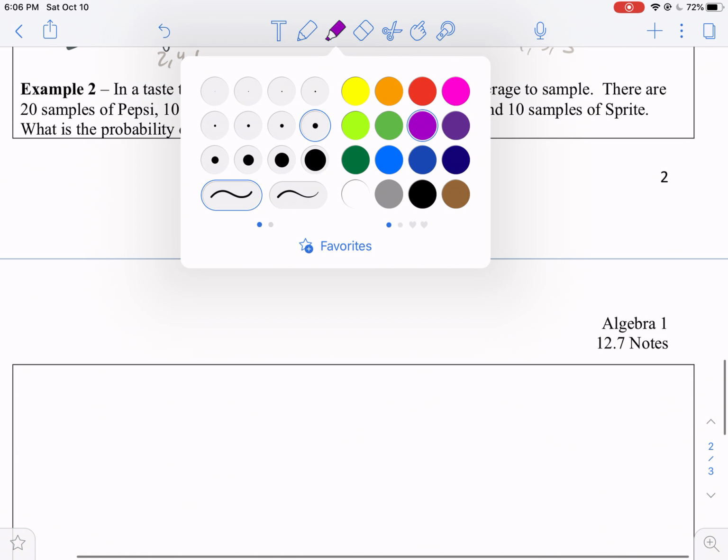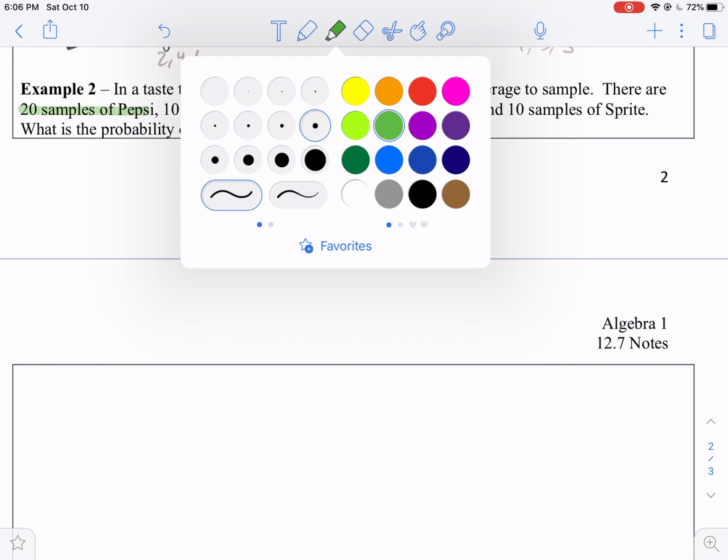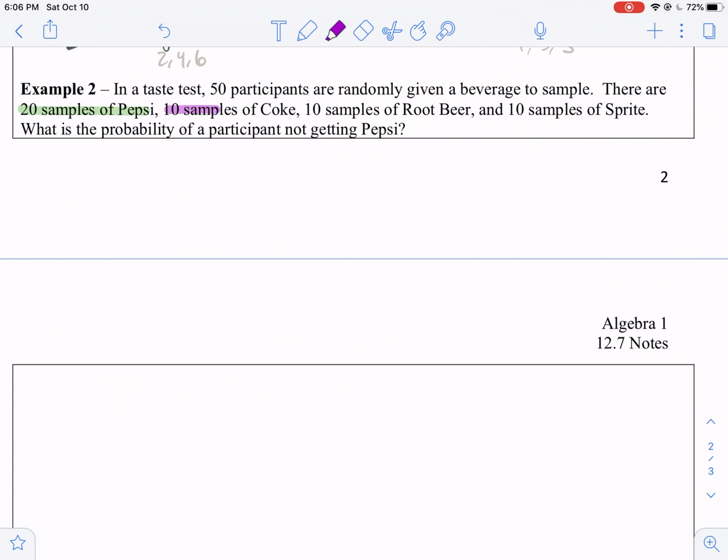That's going to be our favorable outcome. And then we have a whole bunch of other options: 10 of Coke, 10 of root beer, 10 of Sprite. And then we'll have to figure out what is not Pepsi and then add them all up and then subtract them from 50. That's so much work. There must be a faster way.